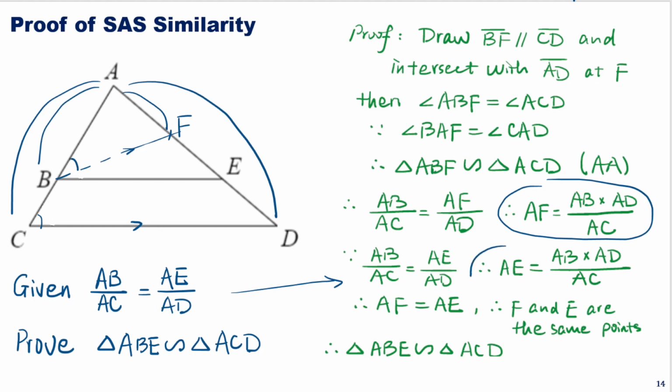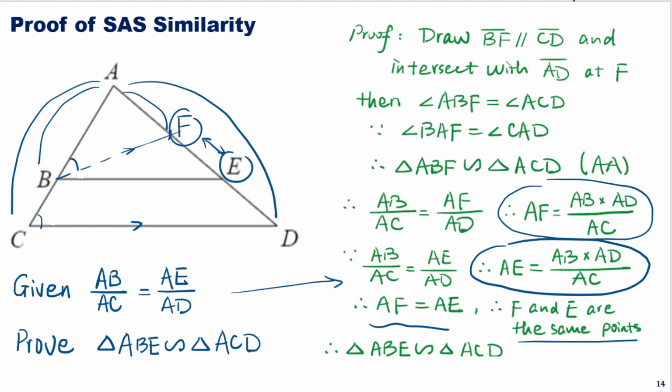Therefore, we also know AE equals AB times AD over AC. So basically, AF and AE have the same length, right? If AF and AE have the same length, that means F and E are actually the same point. Can you see that? So AF equals AE, so F and E are the same point.